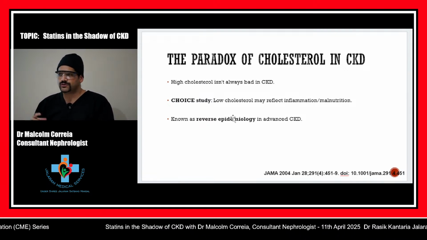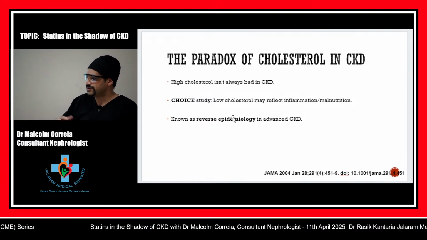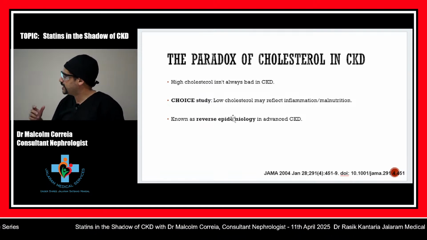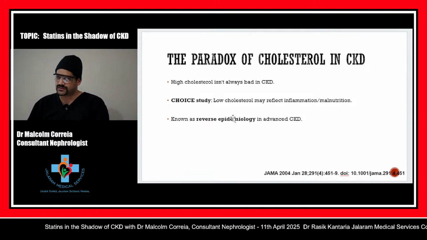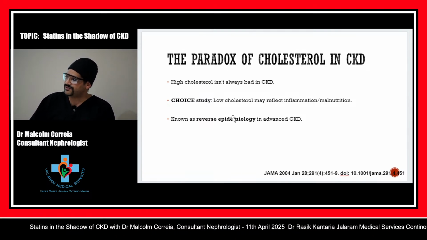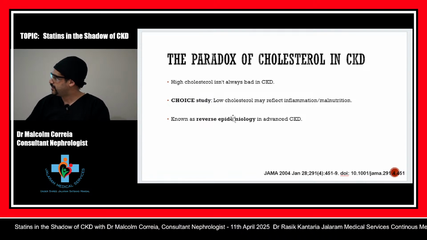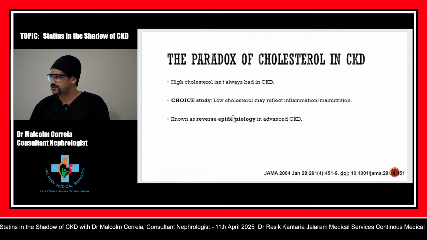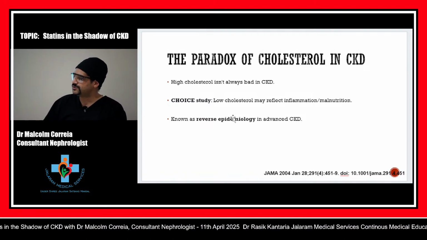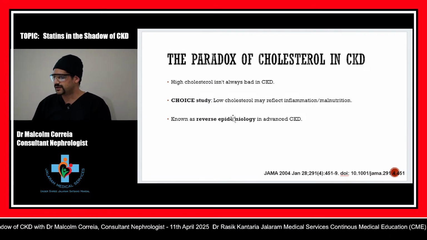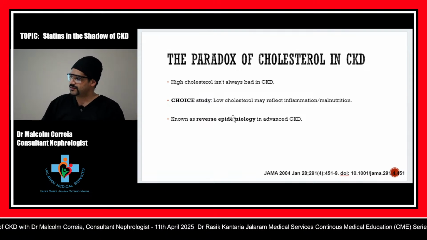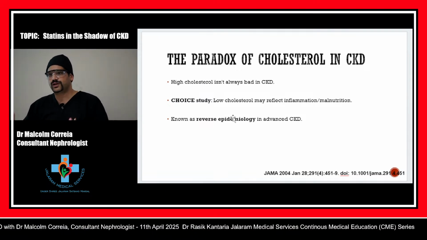Why? According to the CHOICE study, we had evidence showing that low cholesterol levels in CKD and dialysis patients actually mean that they may be having chronic inflammation and poor nutrition. So it's a reverse epidemiology: you don't just see good levels of cholesterol in a CKD or dialysis patient and then say, okay, everything is going well.